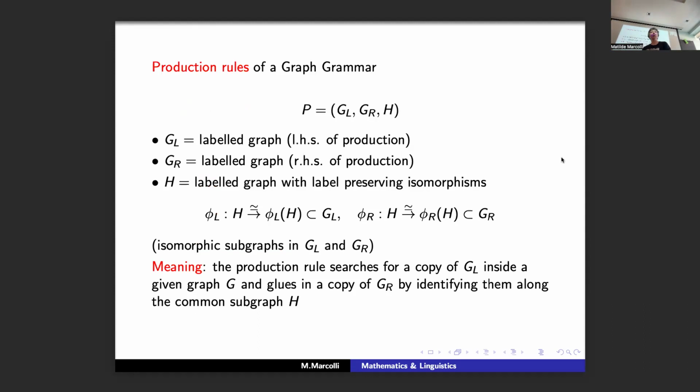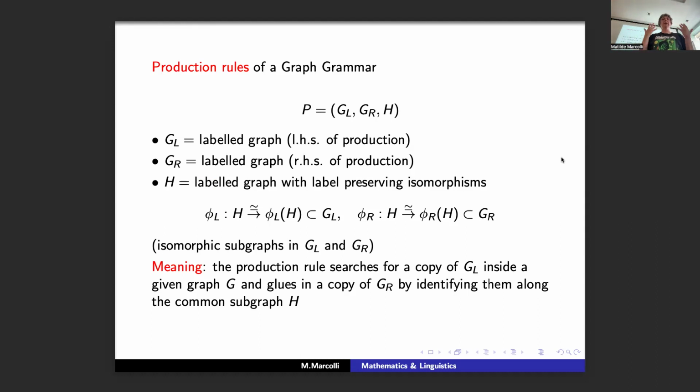And the production rules in general are combining some kind of labeled graph, which is what you start with, your left-hand side of the production rule, and some other labeled graph, which is what you'll end up with. So it's like when you're moving from one state to another on your automaton, you move from a certain graph structure, and you want to replace it with another graph structure.